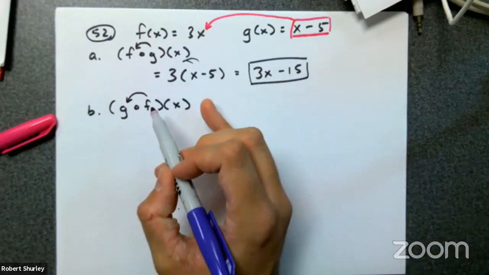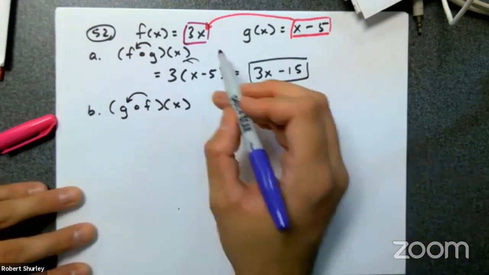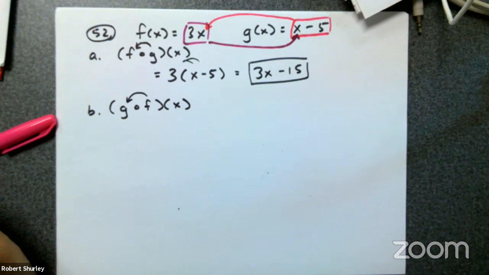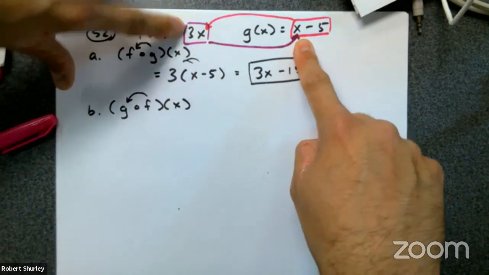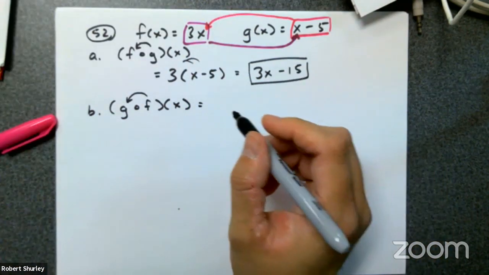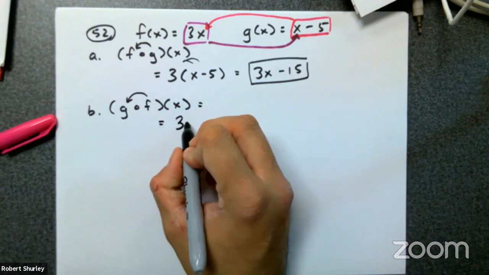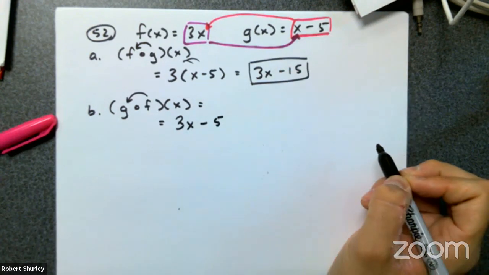But now we're going to take the f function and plug it into the x value of the g function. We're going to take the entire f function, and it's going to become the x value of the g function. So this becomes 3x, because that's the x value, minus 5.